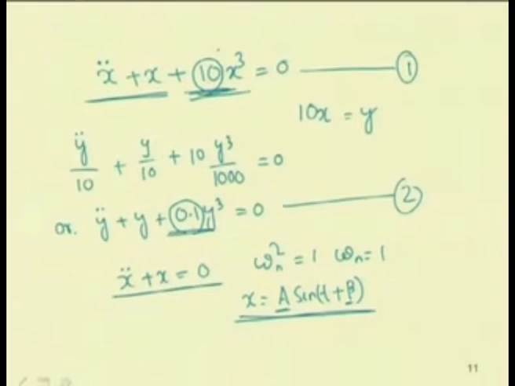So, I can convert a strong nonlinear system to a weak nonlinear system by suitably taking a scaling parameter, that is, 10 x equal to y. So, I have converted this strong nonlinear system to a weakly nonlinear system. One can easily study this weak nonlinear system and find its response by using different perturbation methods.